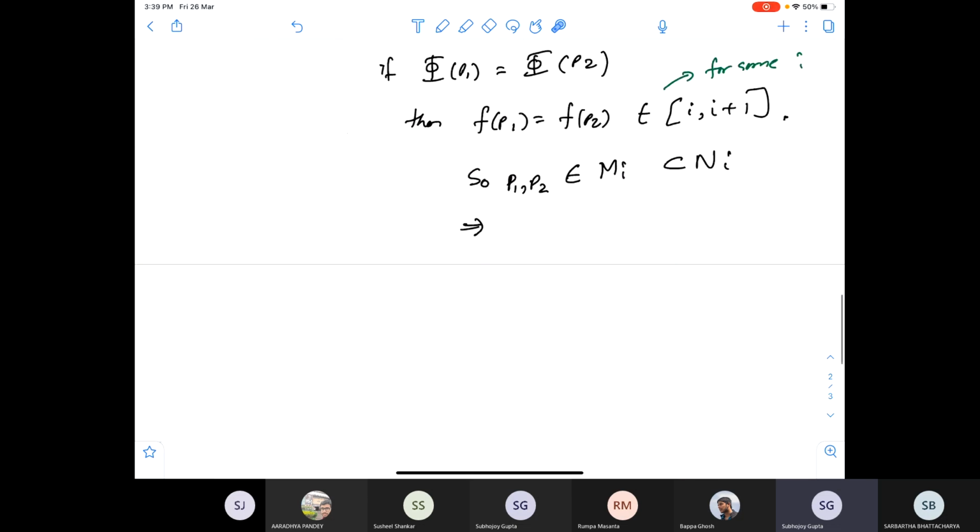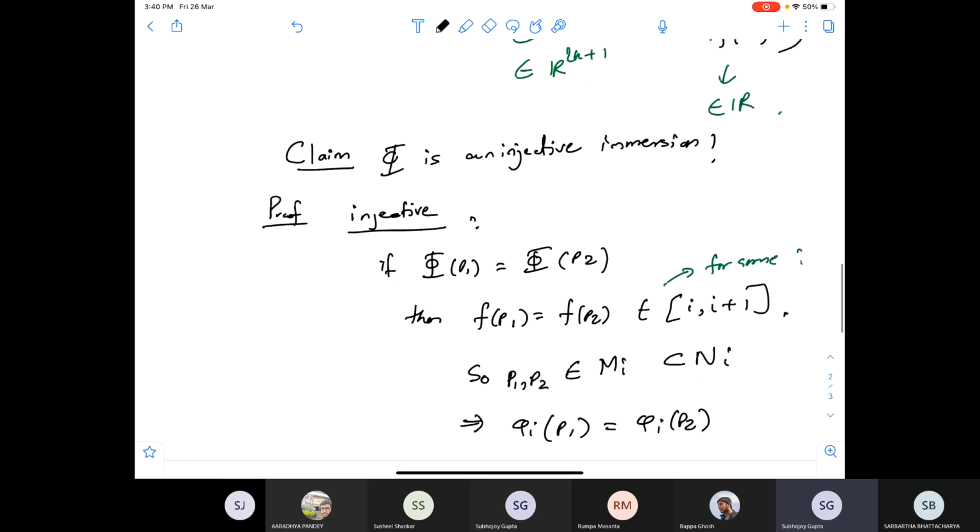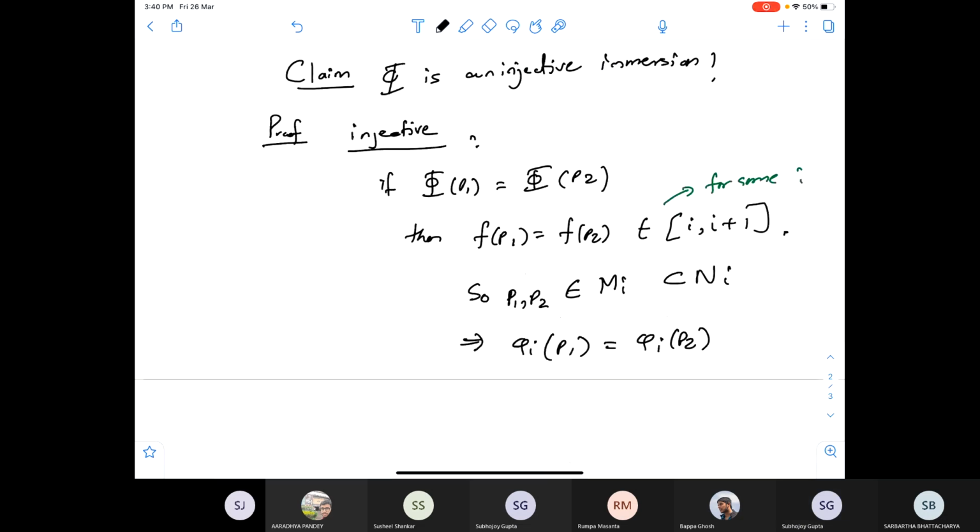What this amounts to is that phi i of P1 would equal phi i of P2, because if you look at those corresponding terms in the two vectors phi of P1 and phi of P2, the only surviving thing would be, well, you'll have a rho i of P1 also, but that is 1.